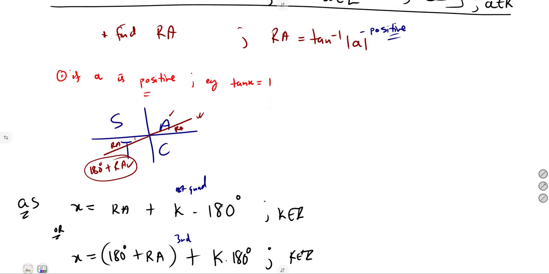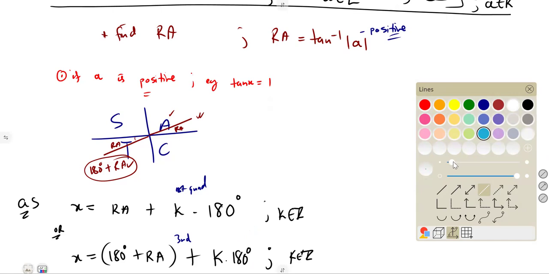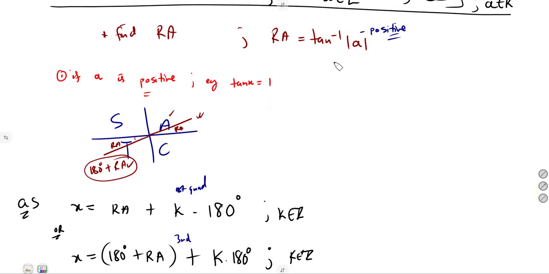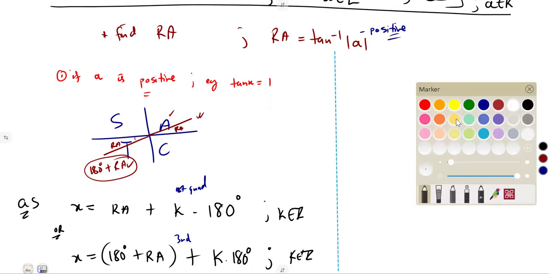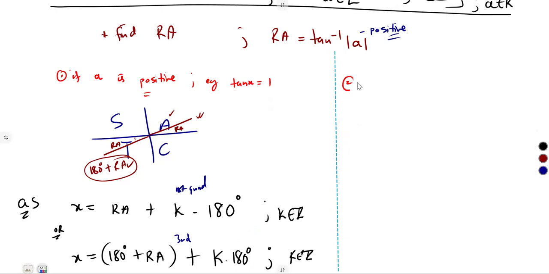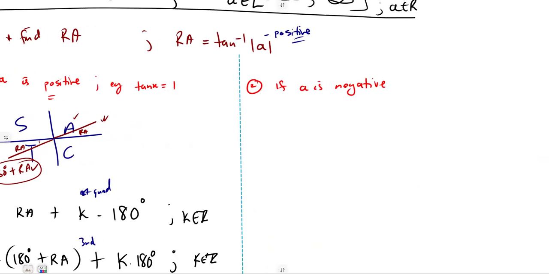Using the same concept, we can determine when our a is a negative value. For an example, we can have tan x equal to -1.